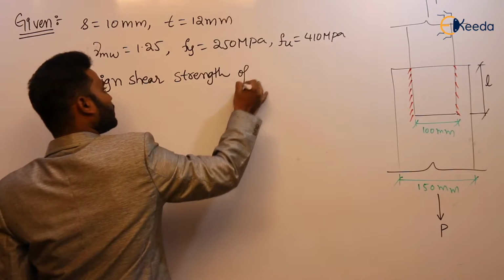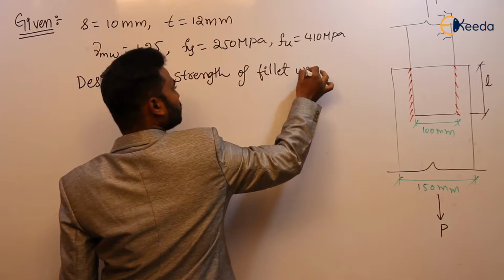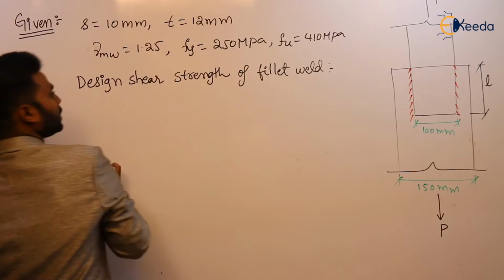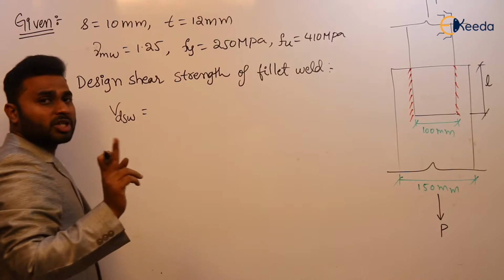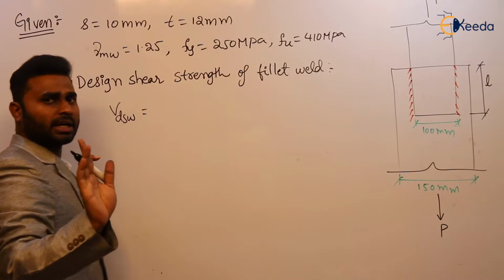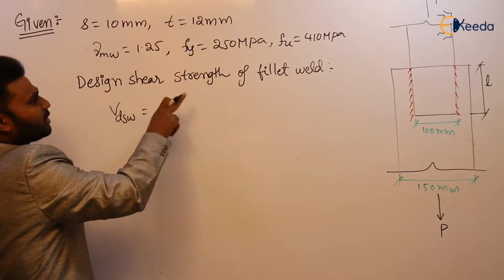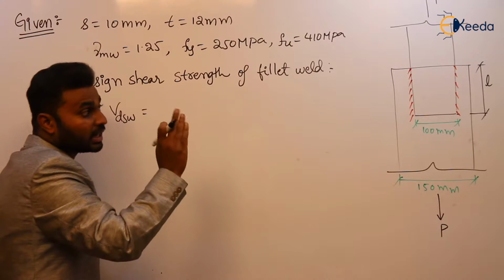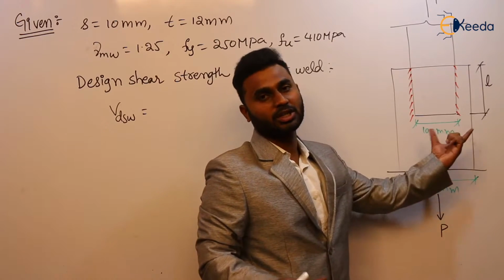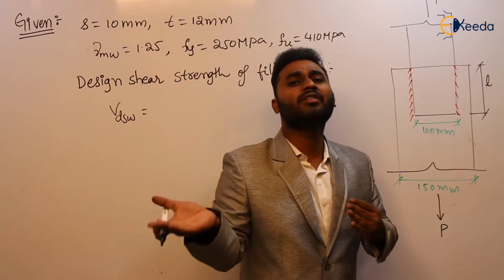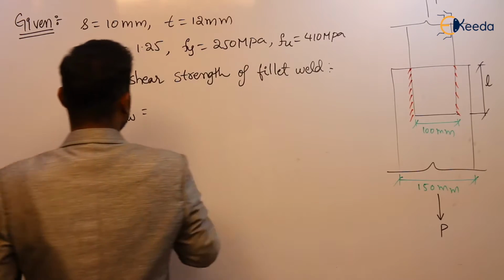VSW is permissible stress into area. Agree or not? First let us calculate design shear strength of fillet weld, and after that design shear strength of each weld. Here we have two fillet welds on both sides, so first calculate the total strength, and if we divide it by 2, then that is the strength of each weld. Yes or no?